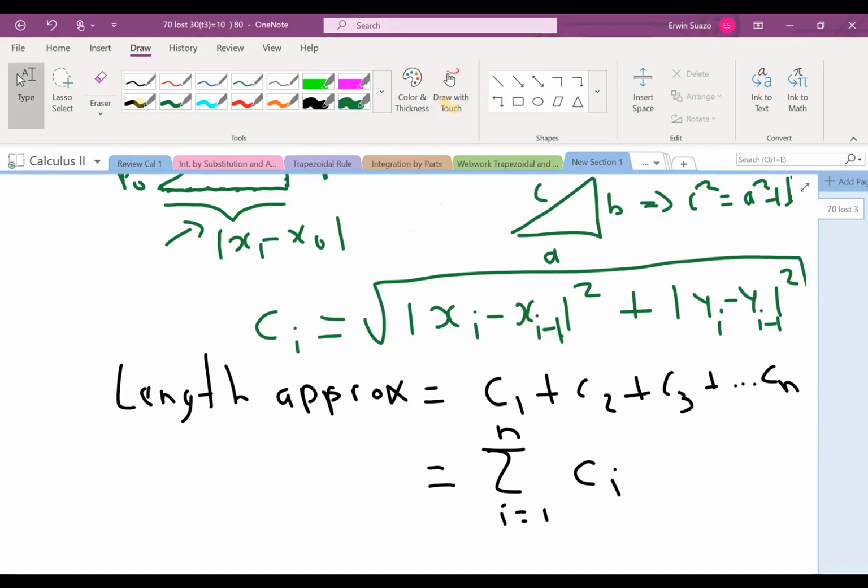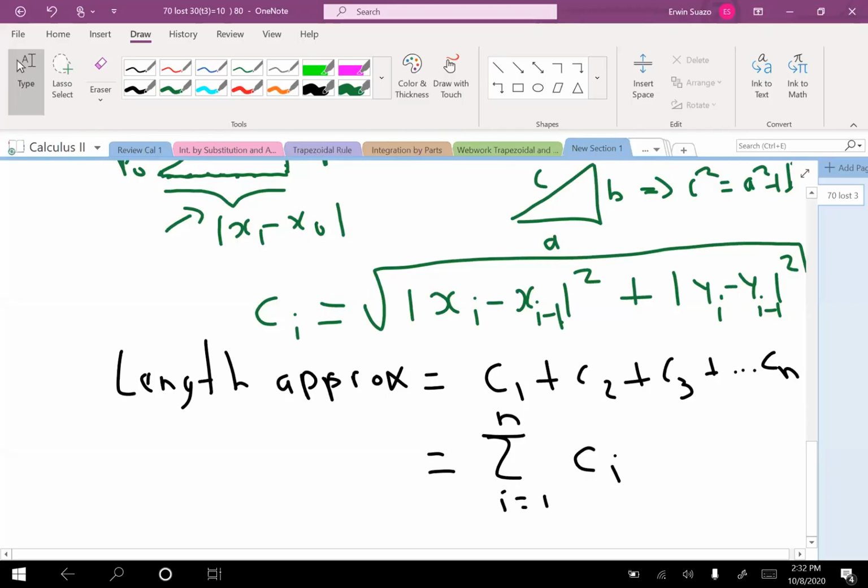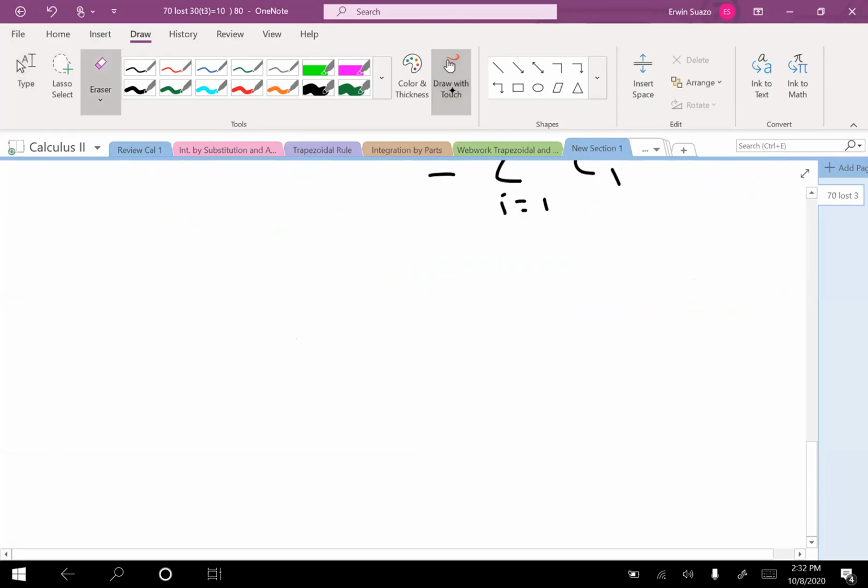Sorry, guys, let me stop sharing and share again because something's happened to my computer. Gosh. Okay, now it's working.